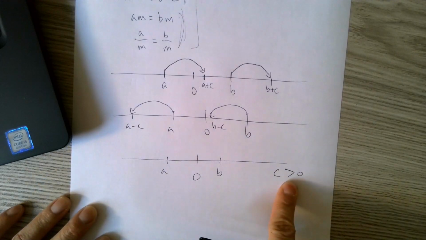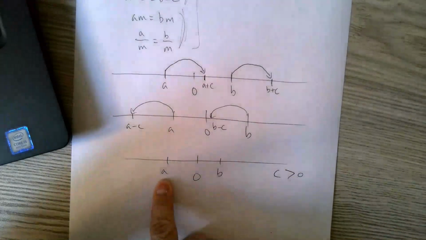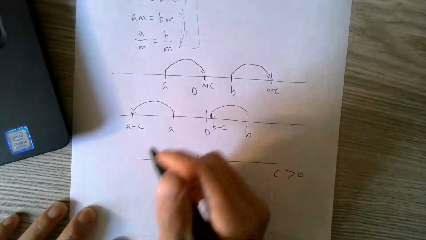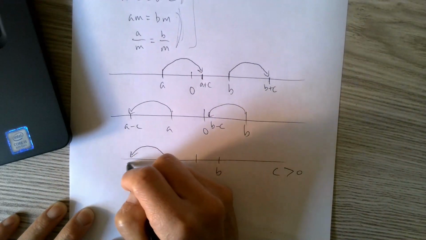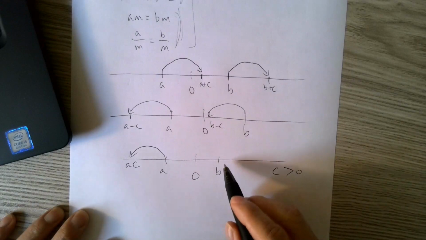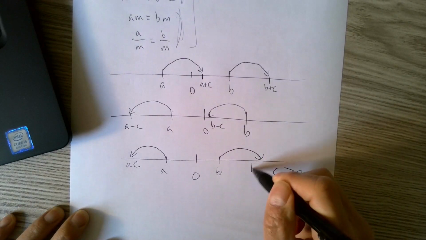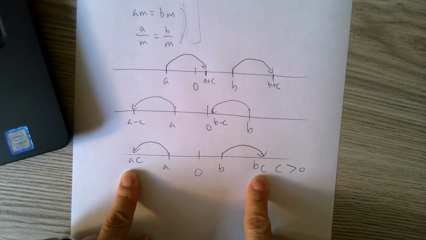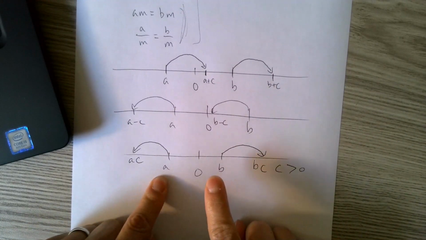Negative times positive. And the absolute value of that product will be larger than before. So AC will actually end up over here. And BC will end up over here. So the distance between AC and BC will be greater than the distance between A and B.